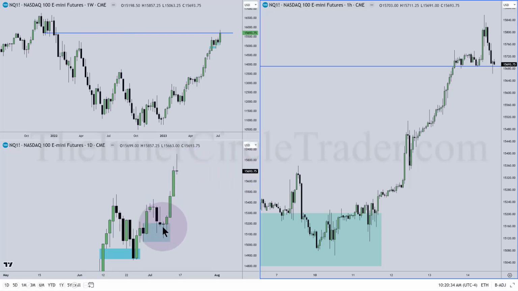If we start the week here, Monday, and then Tuesday, and Wednesday, and Thursday, and Friday, we expect each daily candle to gravitate towards that level. Even if you didn't pick that level, if you felt that this fair value gap was a reason to keep going higher, that's fine. There's nothing wrong with that. But this mitigation block is below that fair value gap. And if you were using the relative equal highs as a draw on liquidity, there's nothing wrong with that either.